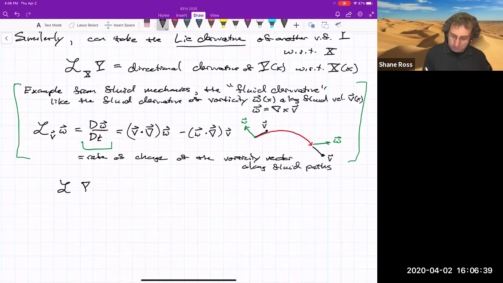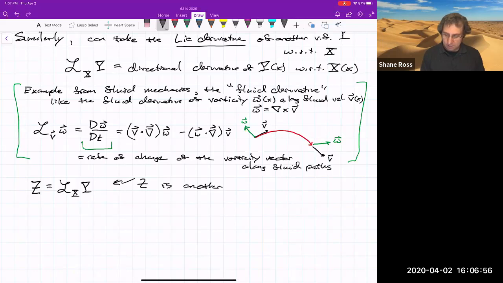These are equal dimensional, both n dimensional. This is another vector field, which I'll call capital Z.